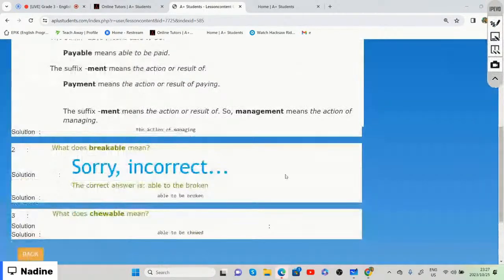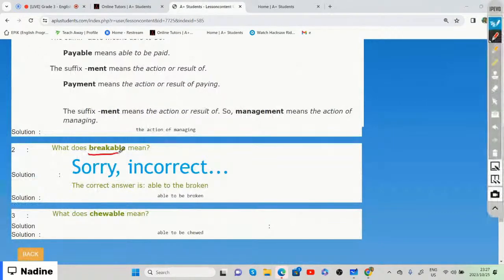Breakable. If we look at the word breakable, able means able to be. Which means that breakable is able to be broken, because break is when something breaks.